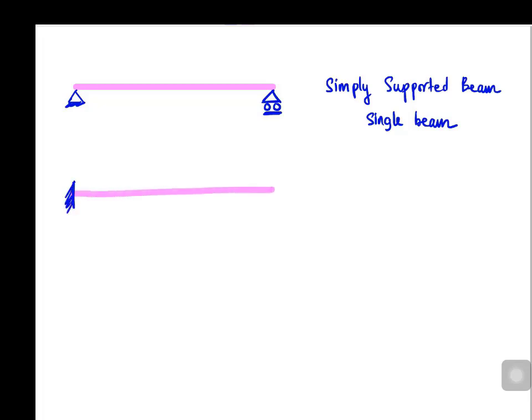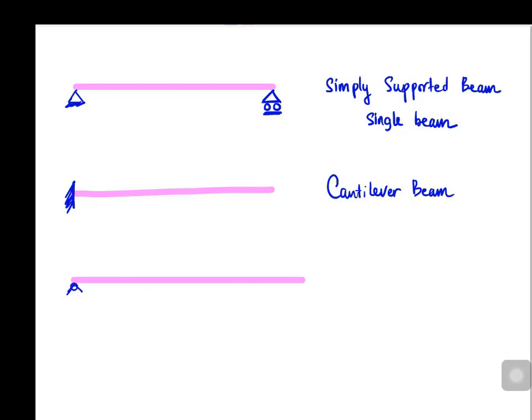Now, a beam that is fixed at one end and free at the other end is called a cantilever beam. At the fixed support, the beam can neither translate nor rotate, whereas at the free end it may do both. Consequently, both force and moment reactions may exist at the fixed support.